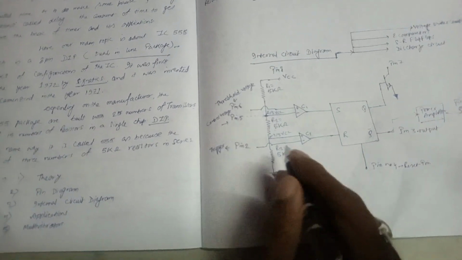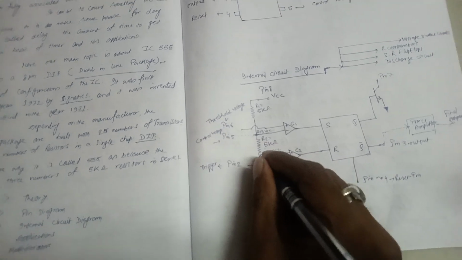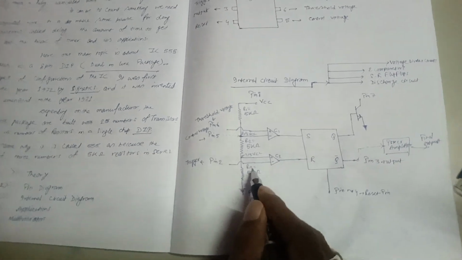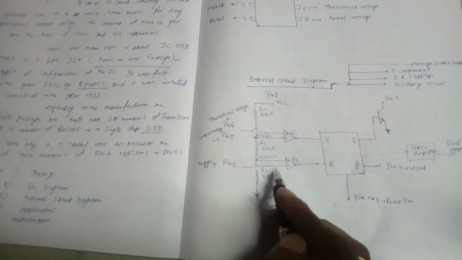Or simply, at point C the voltage will be VC. If I talk about this point, the number of resistors left is only 1. So R3 by R1 plus R2 plus R3 into VCC, that is RC by RA plus RB plus RC into VCC.